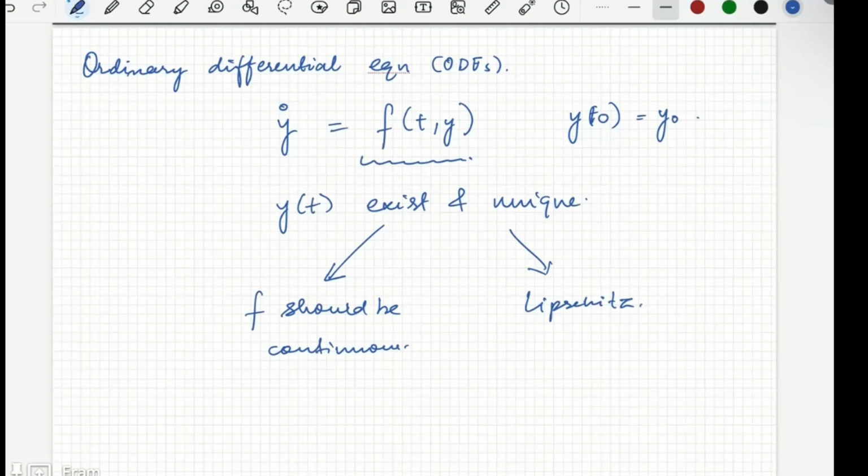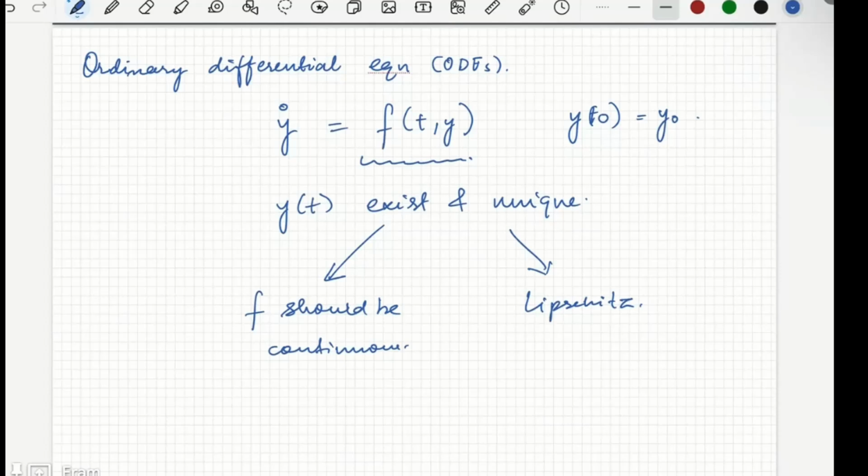Okay, so this was the core topic for, I think, lectures 1, 2, and 3. So in those three lectures, we studied how the solution of an ODE can be made unique.